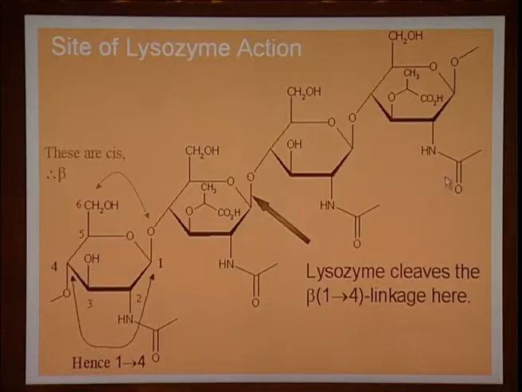And the lysozyme, as you know, breaks the beta 1,4 glycoside linkage between the sugar residues. So, when the beta 1,4 glycoside linkage is cleaved, the sugar residue gets broken up.